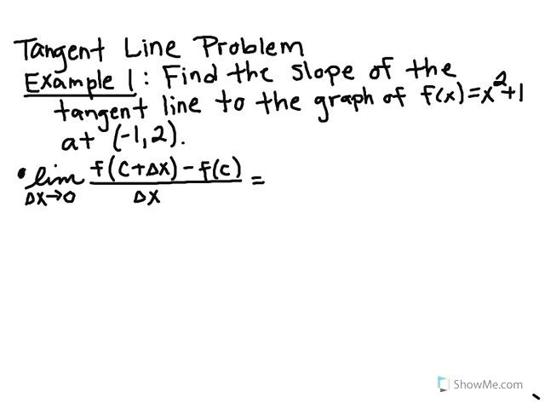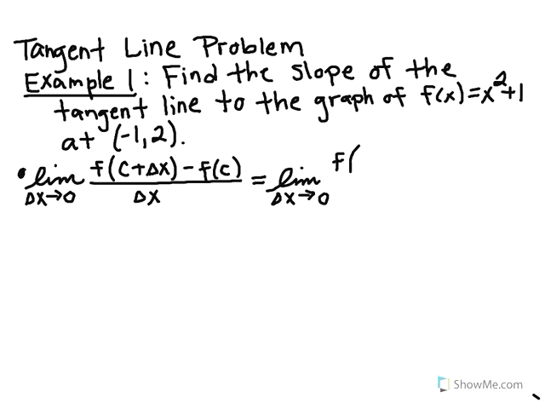Now, in order to do this, I have to understand what this is saying very carefully. I'm just going to rewrite the limit part right here, and it's delta x approaching 0. This very first part, f of c plus delta x, remember that just means y2. Now, I don't know where y2 is, so I have to use this notation to help me.